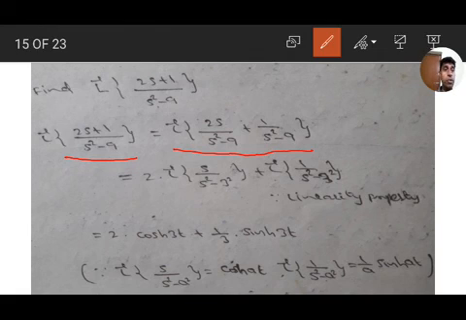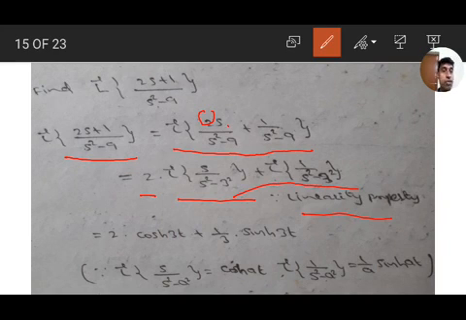By the linearity property, 2 is the coefficient here: 2 into L inverse of s by (s square minus 3 square) plus L inverse of 1 by (s square minus 3 square). 9 means 3 square.